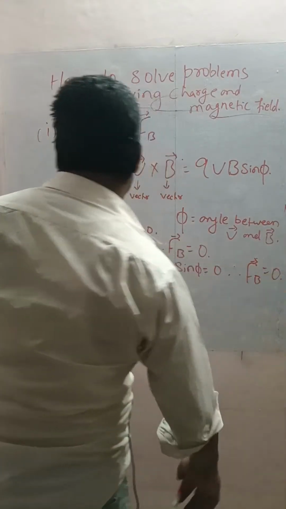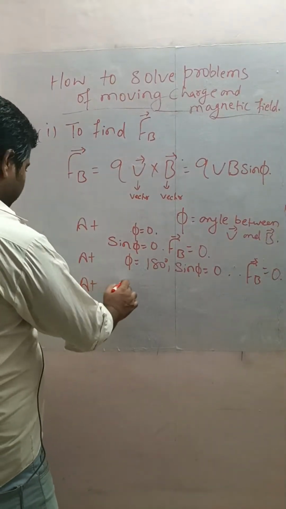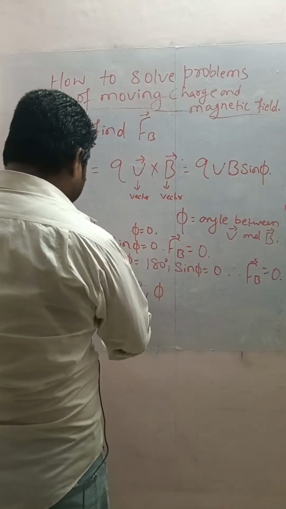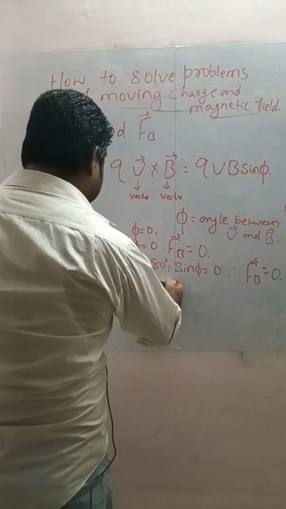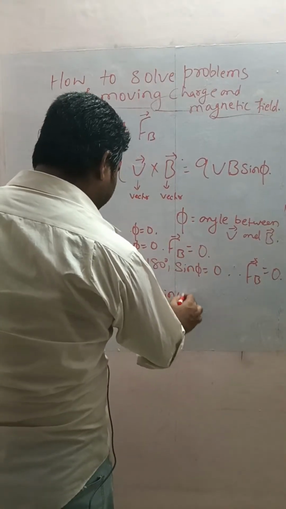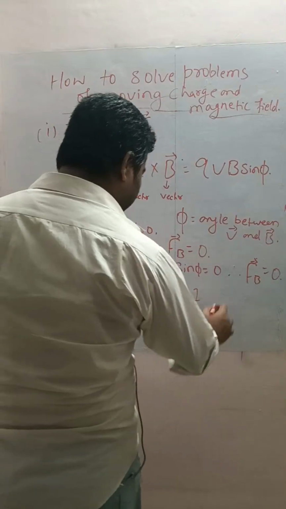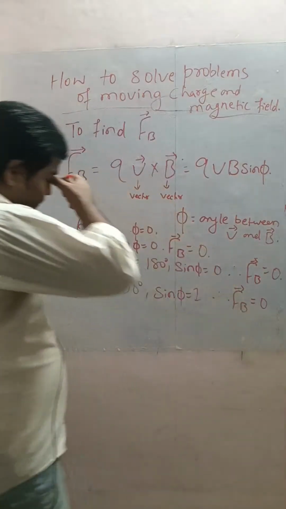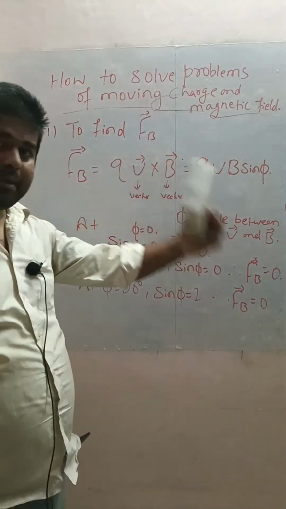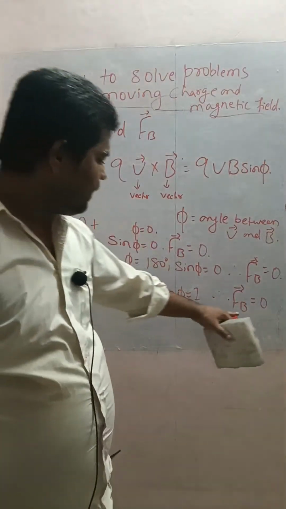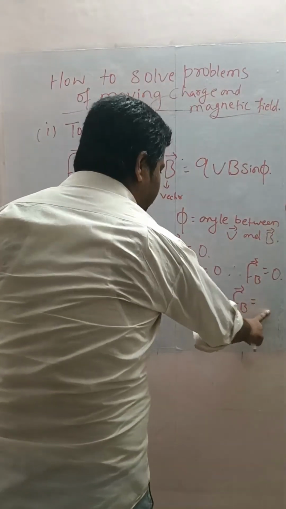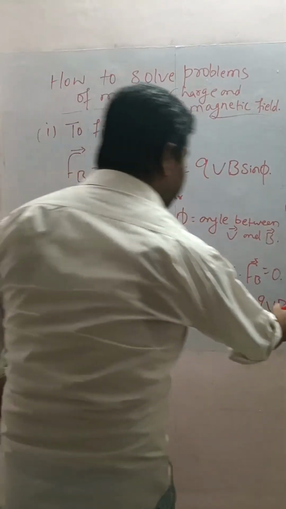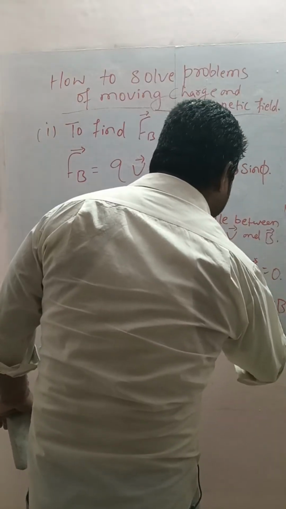Again, at phi equal to 180 degrees, sine phi is again 0, and therefore the magnetic force is 0 again. At phi equal to 90 degrees, sine phi is equal to 1. In that case, the magnetic force on the charge moving with velocity v in the magnetic field is not 0, it is the maximum, QVB. This is the max value of force.